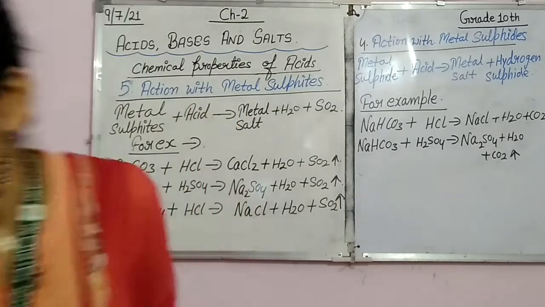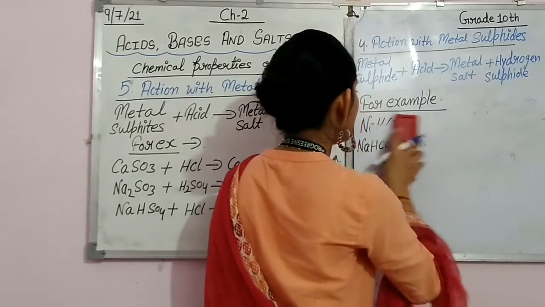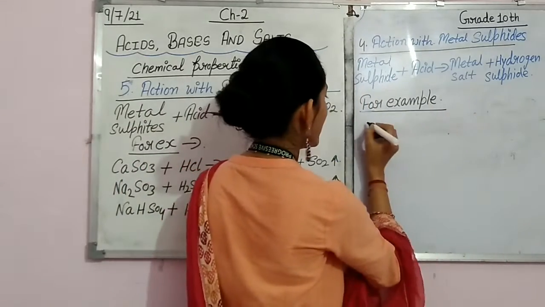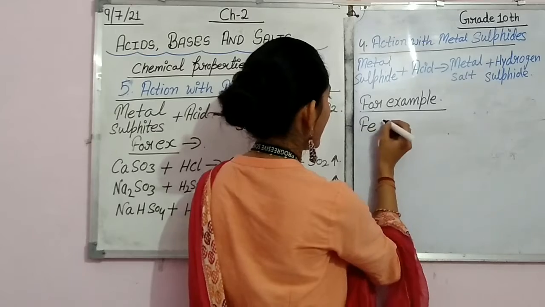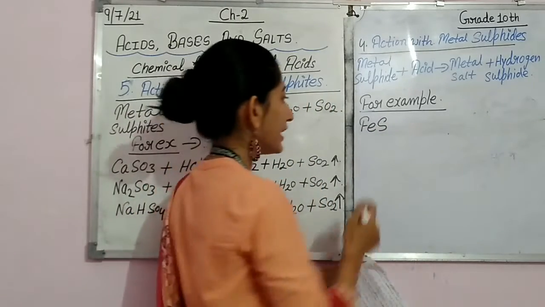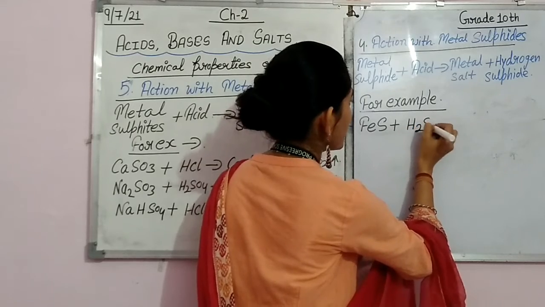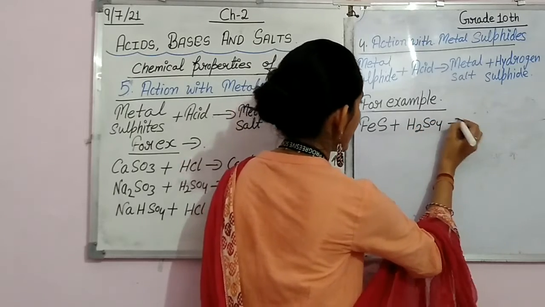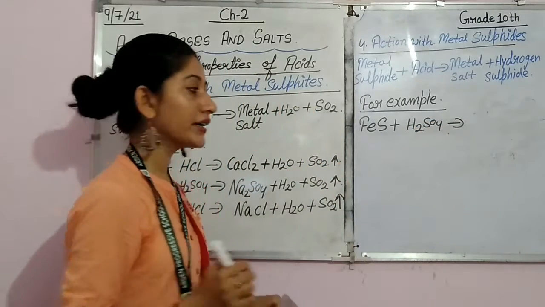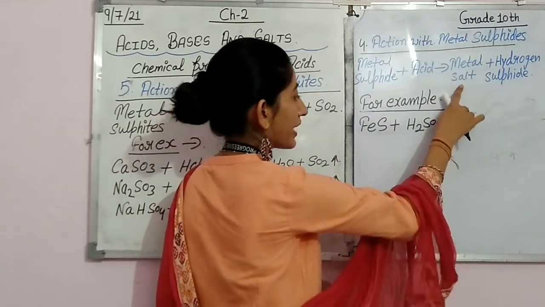For example, you can take a few reactions and you will be able to understand that easily then. So suppose in the example we are taking ferrous sulfide, FeS, and we are reacting this ferrous sulfide with acid, suppose we have taken sulfuric acid here. So now what will be the product? Ferrous sulfide plus H2SO4 will give metal salt.